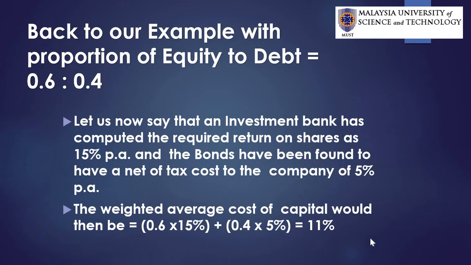In this case, we get the answer to be about 11%. Our company can then use this 11% as a required rate of return for all new investments. Essentially, what we are saying is that every new dollar that is invested must provide a return of 11% in today's terms.